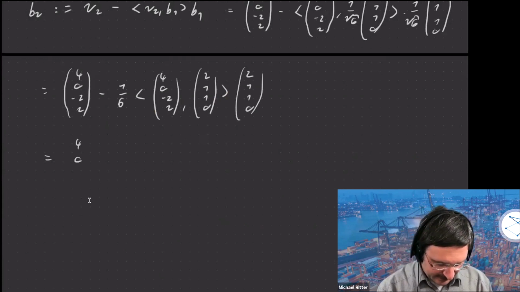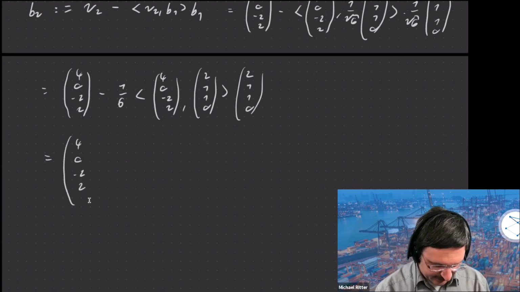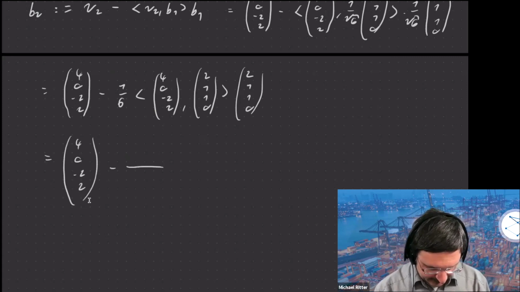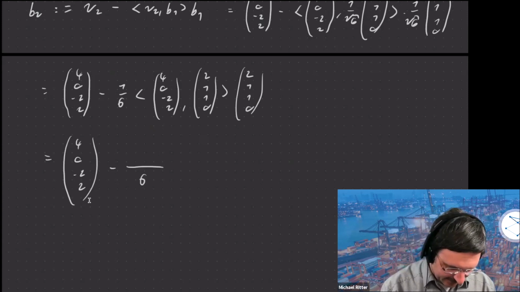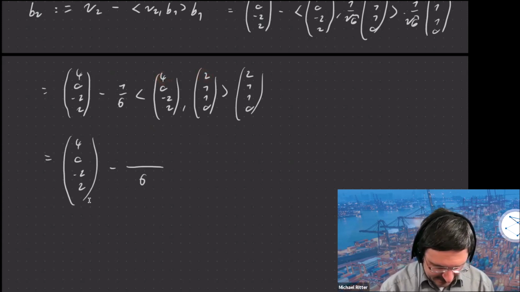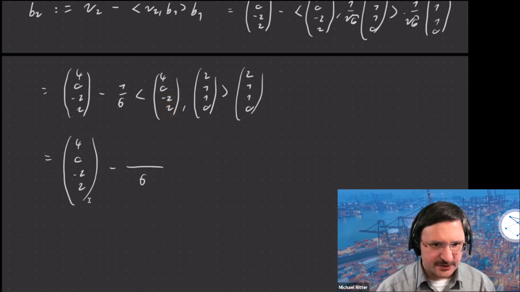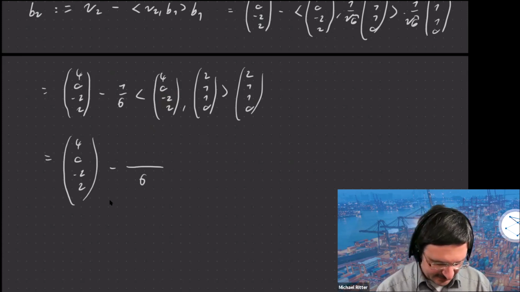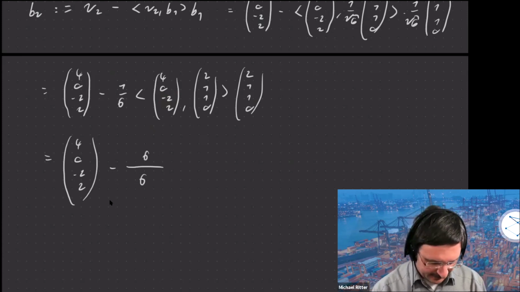And what I get is the scalar product is, let's see. So what we have is 4 times 2, this is 8, plus 0, minus 2, this is 6, plus 0, so that should be 6, right? Times 2, 1, 1, 0.